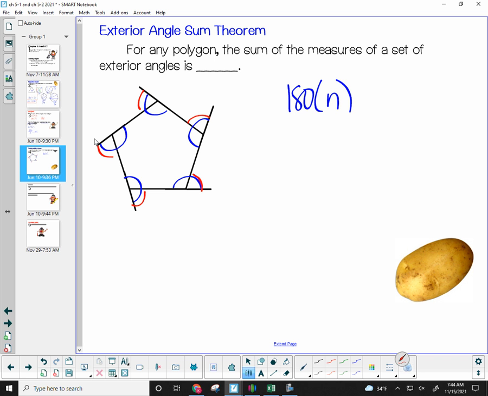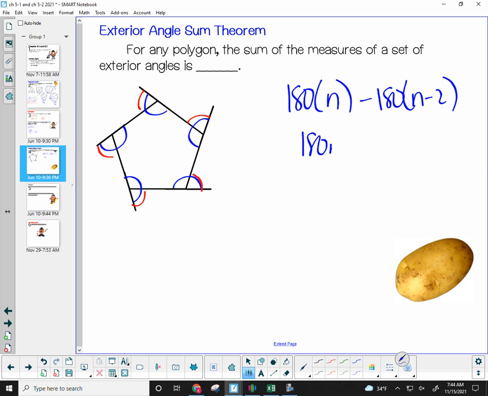Okay, so what's the formula for my interior angles? We just learned it. 180 times n minus 2. So if I take my linear pairs, take away the interior angles, I should just be left with my exterior angles. All right, so let's do some math here.